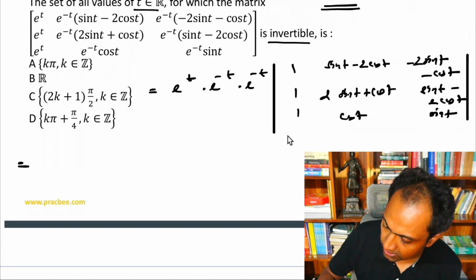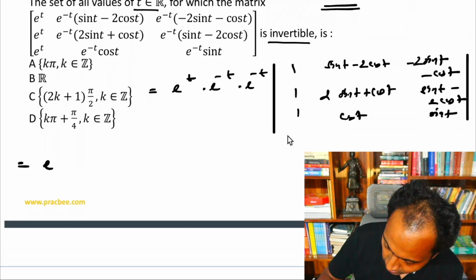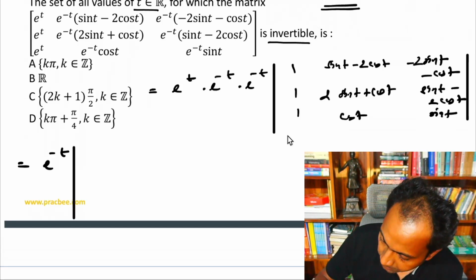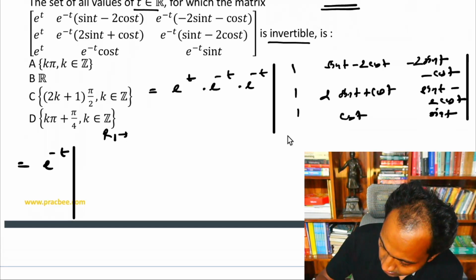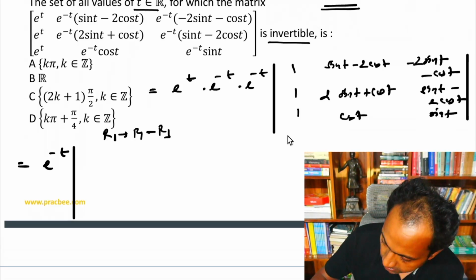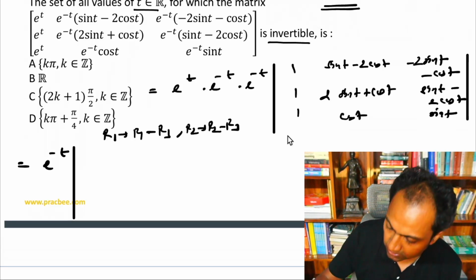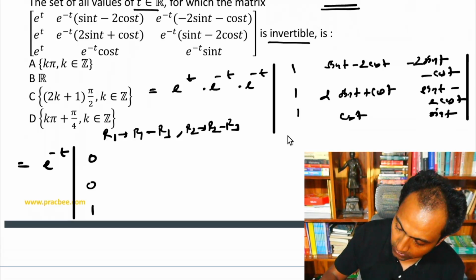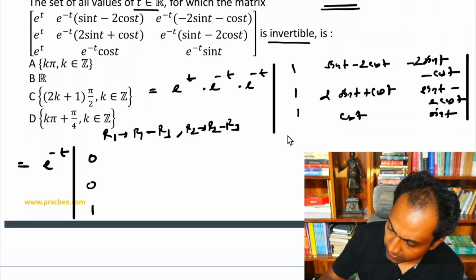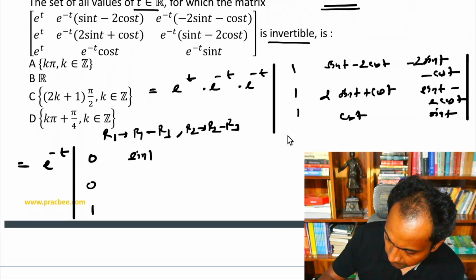So in the next step, whatever is written outside will become e raised to the power minus t. And if I apply this very simple transformation, that R1 tends to R1 minus R3 and R2 tends to R2 minus R3, let us see what happens. So this will become 0, 0, 1. This becomes nothing but sin t minus 3 times cos t.